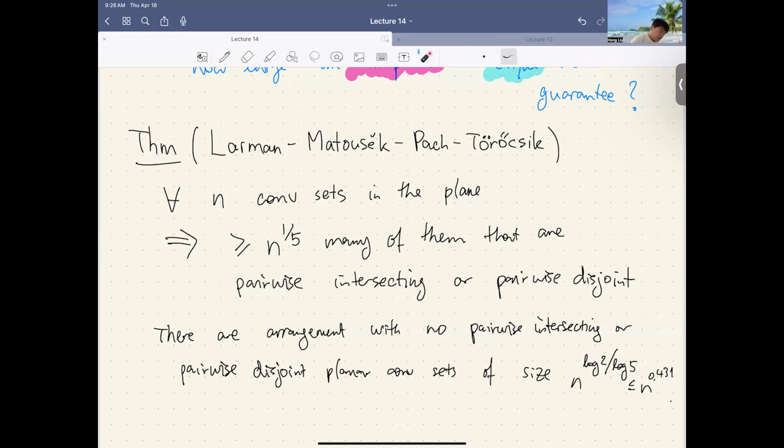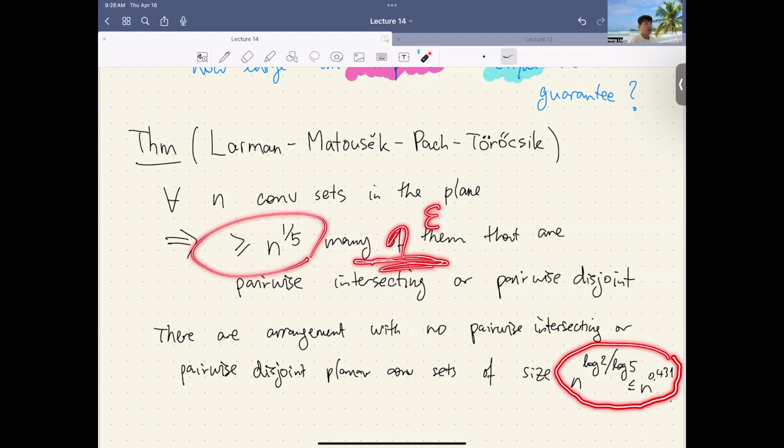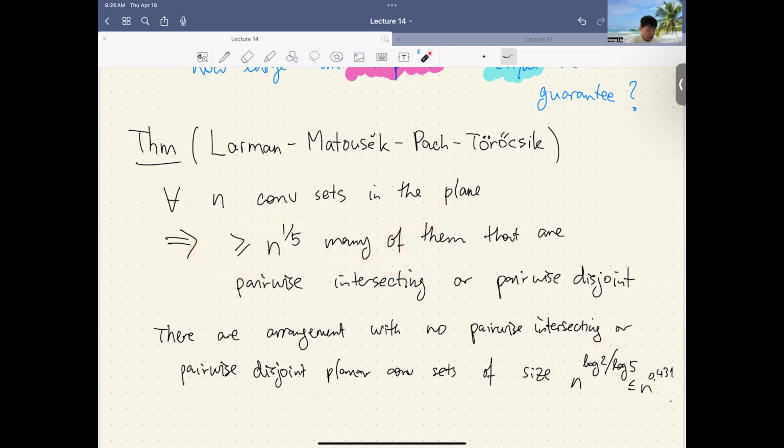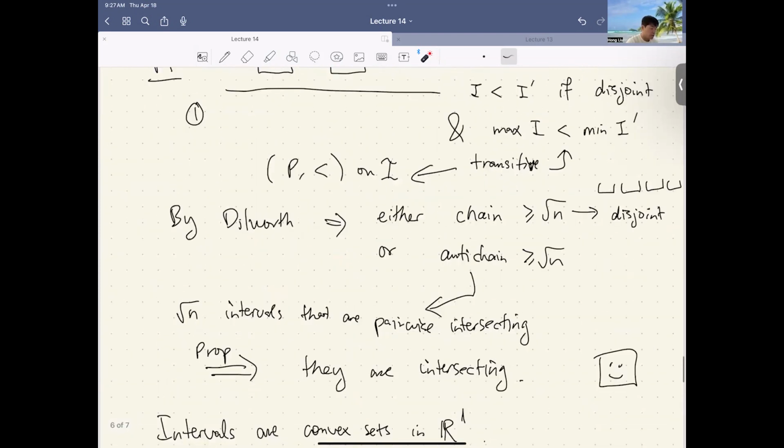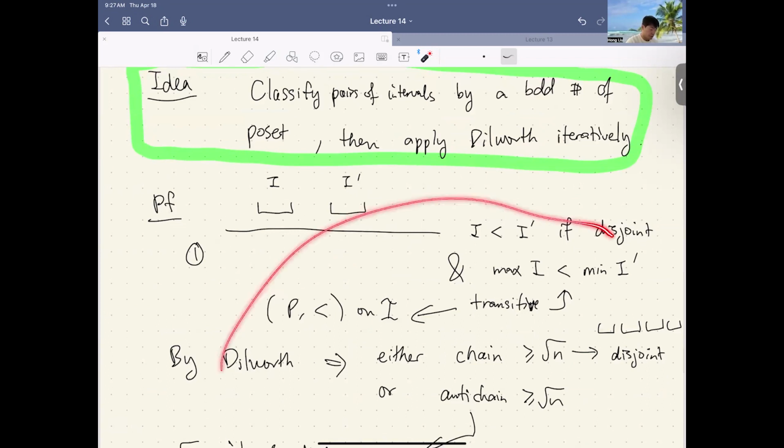Improving this lower bound or this upper bound by some n to the epsilon, I think, will be a very interesting result. This is a result from the 90s, so for over 30 years there's been no improvement. Even though both these bounds are quite simple, this bound takes 3 or 5 minutes for me to explain, just the same proof as we've seen above, using Dilworth's theorem.